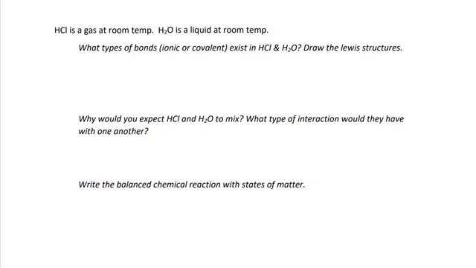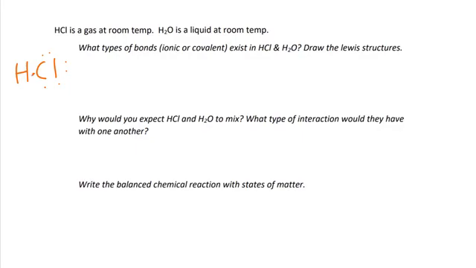So we have HCl as a gas at room temperature and water as a liquid. So let's look at what types of bonds these two exist as. So I have HCl, so I'm going to have that bond there, and chlorine we know has 3 lone pairs.